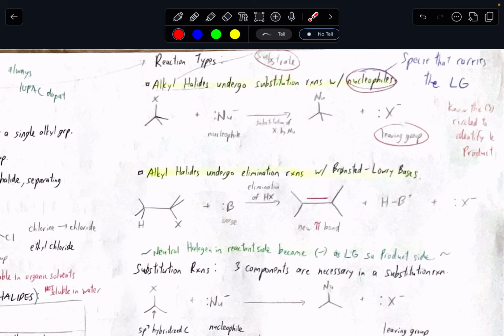What is the leaving group in this example? So we have the halogen and basically the sp3 hybridized carbon. We call this the substrate itself. We have the nucleophile, designated generally as Nu minus. And then the nucleophile will go this direction.